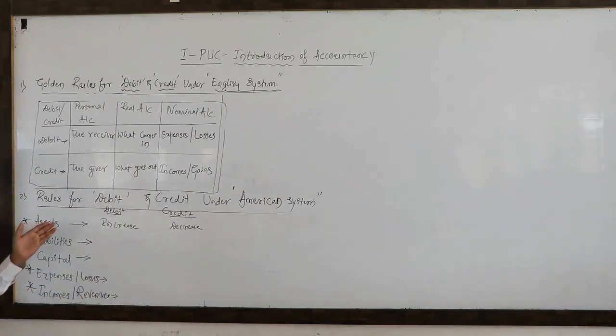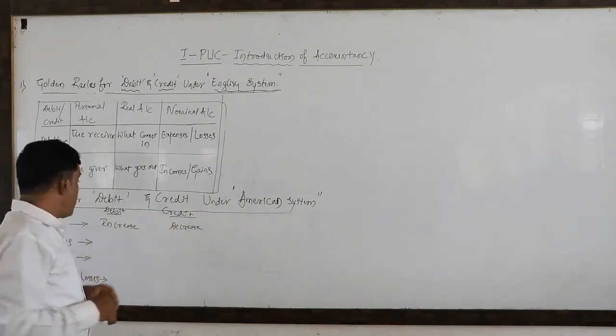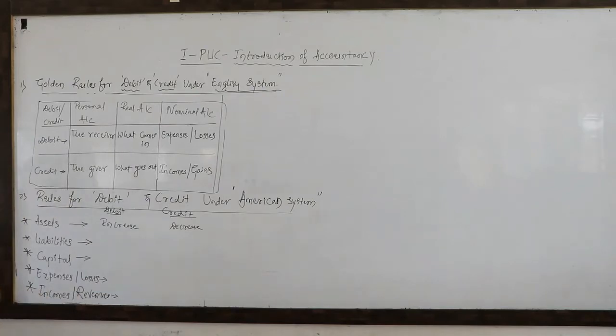Dear students, assets are the properties or wealth of the organizations. Liabilities are the responsibilities or obligations of the organization.